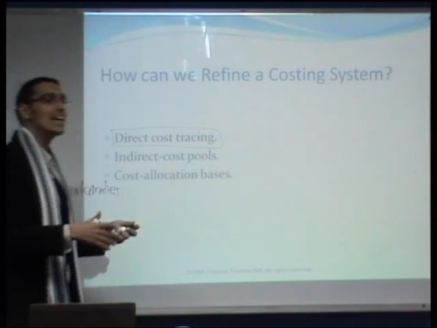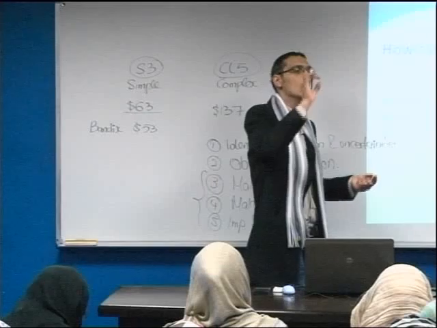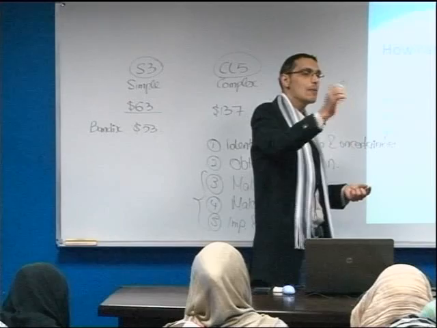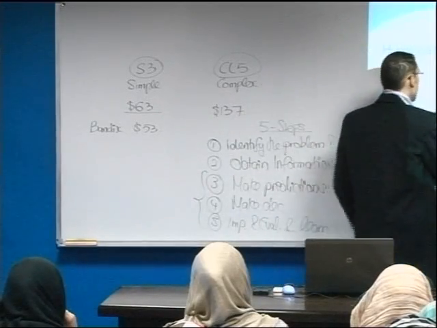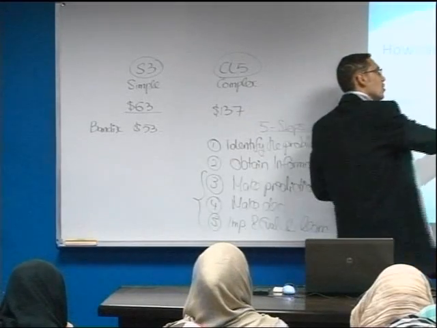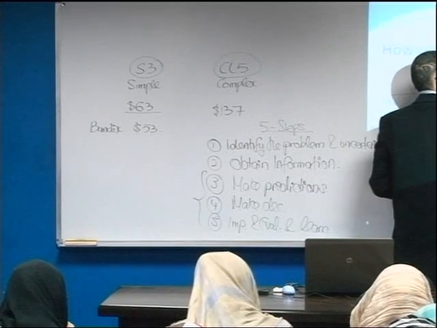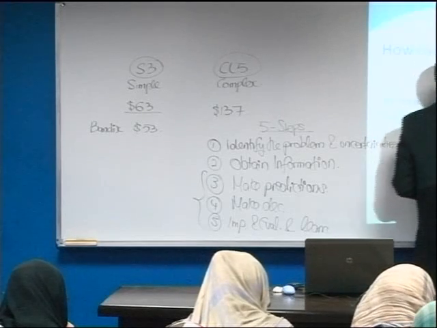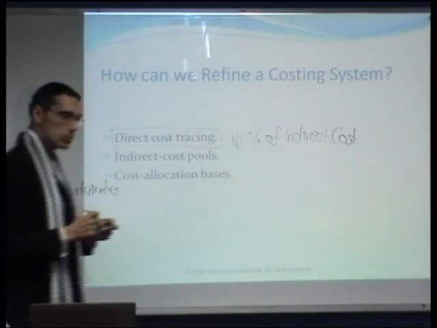That means if we even have any inaccuracy in the allocation process, it would be smaller and have less impact on our decision-making process. Therefore, tracing more and more direct costs would decrease the percentage of indirect costs, which is the materiality of indirect costs.